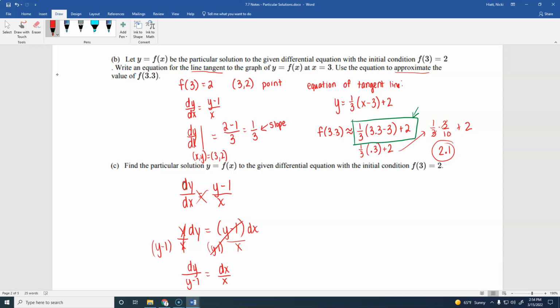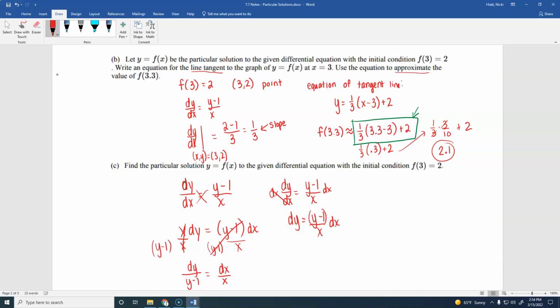If that was confusing to you, here is another way you could think about this, in case that was not the way your brain works. If you multiply both sides by dx, you get dy equals y minus 1 over x dx.